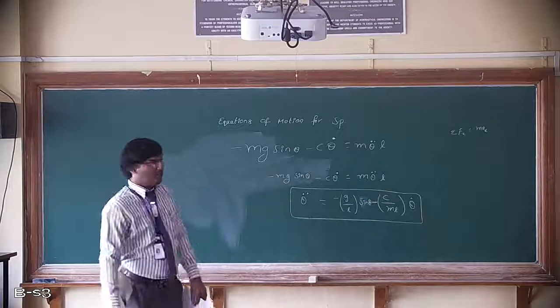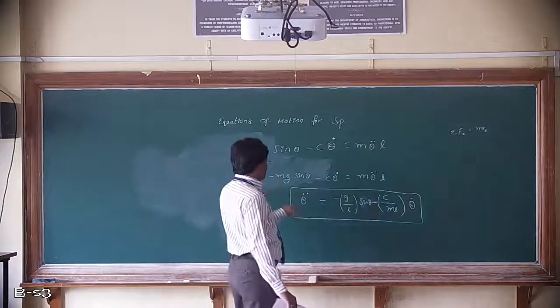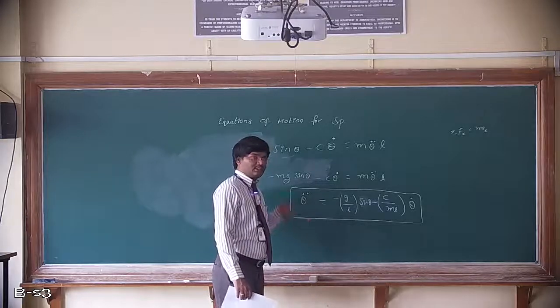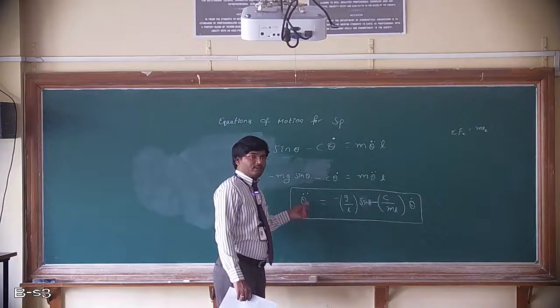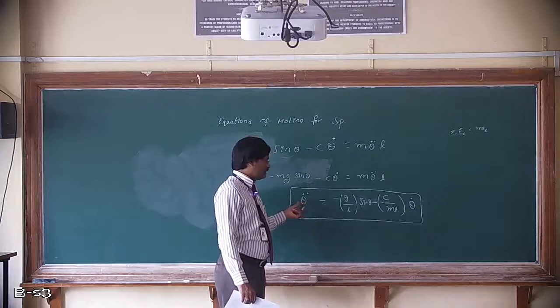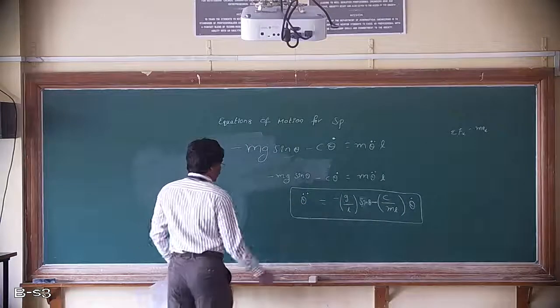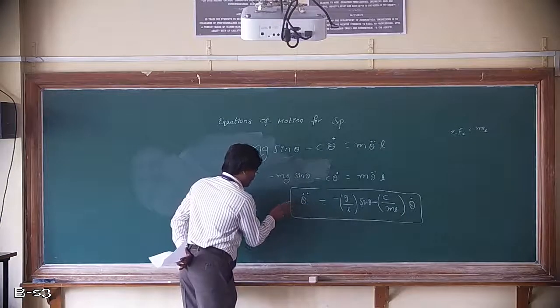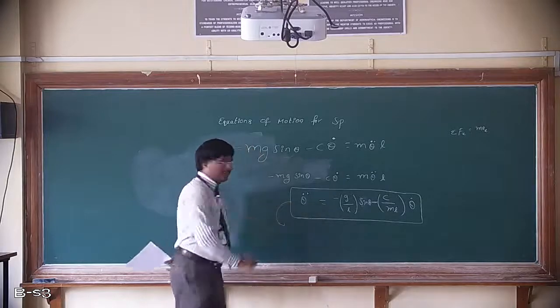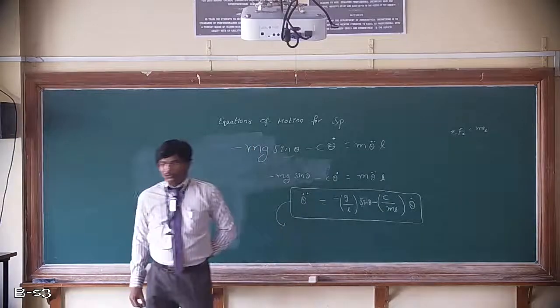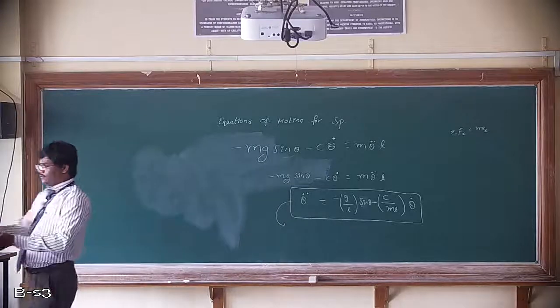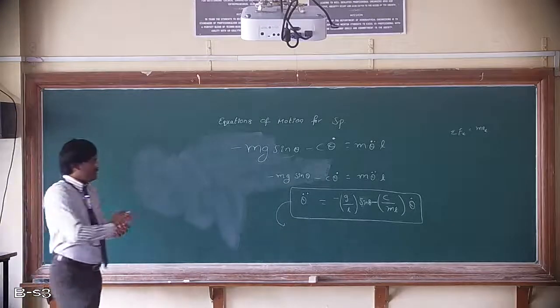Anyway, yesterday we discussed this, right? Yesterday when we were deriving this state space representation, we discussed first order differential equations. To solve this second order differential equation, you are splitting it into 2 single first order differential equations, right? How are you doing it?